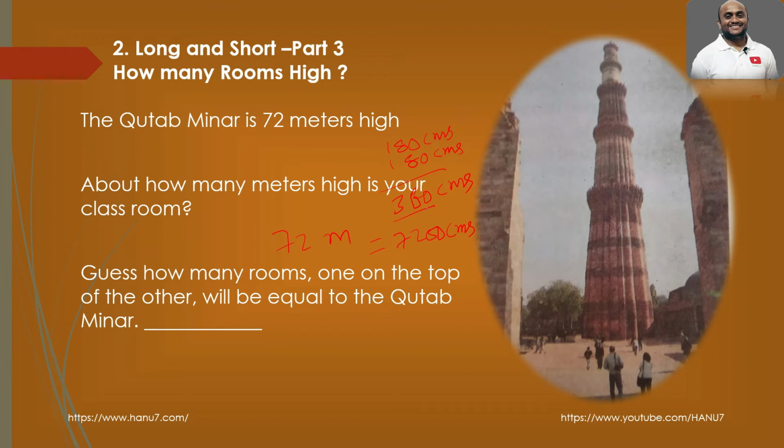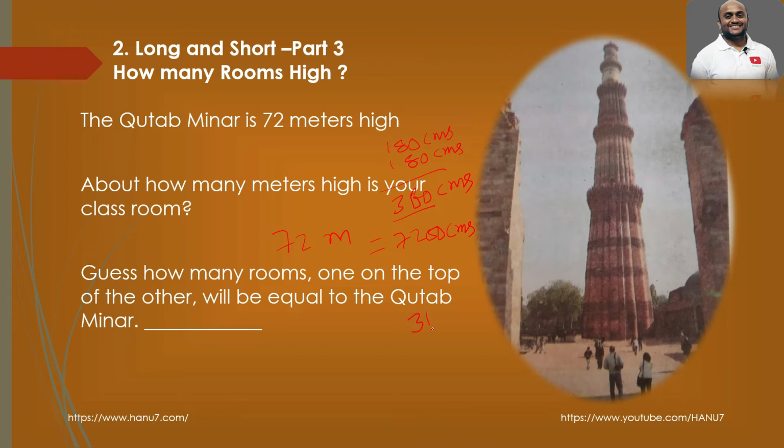Okay, so if you closely look at this, 720 is similar to double of 360. Okay, so just one more extra zero is there here. Otherwise I will tell you here.